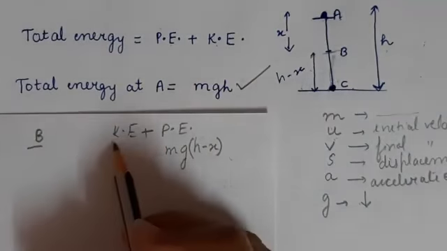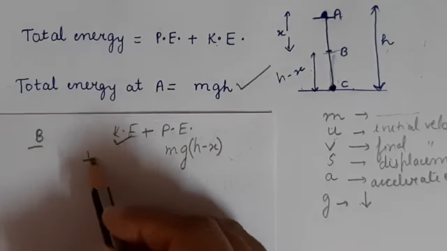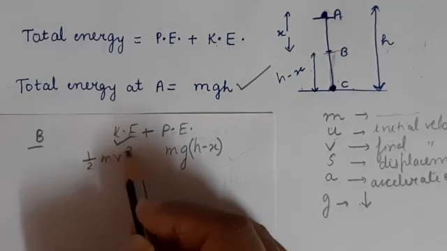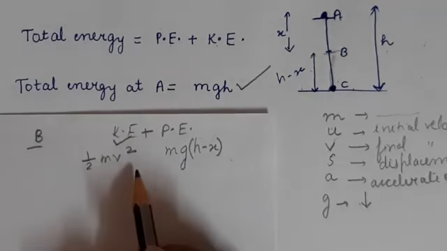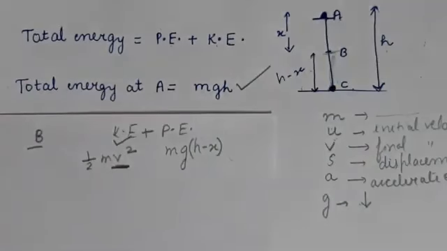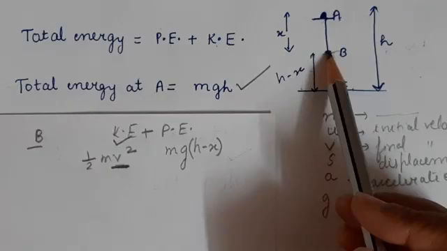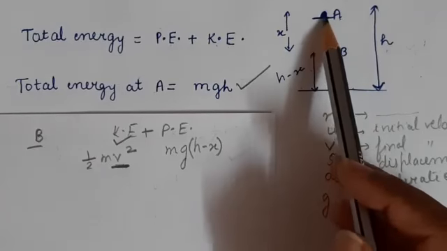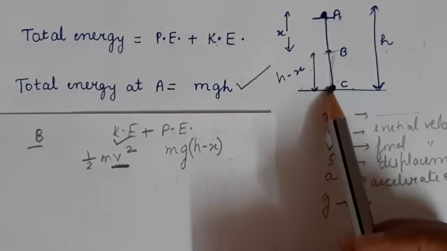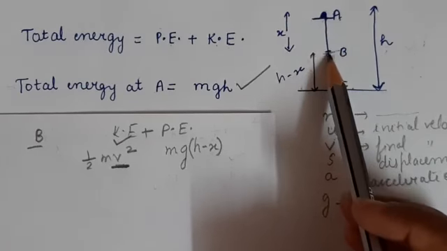Okay. Now we need to find kinetic energy. What is the formula of kinetic energy? Half mv square. Now we need to find out what is v at point B. Since the object is falling downwards, it is under the condition of free fall. So it has some initial velocity and there will be a final velocity.